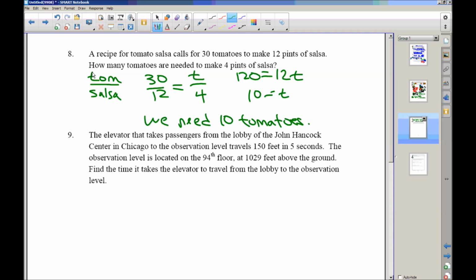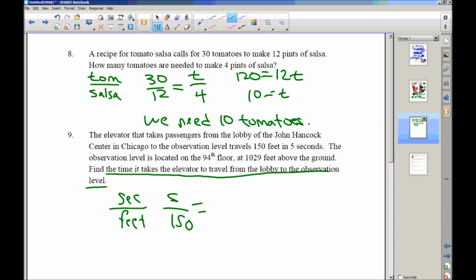So we are comparing the time, which is in seconds, to distance that we are traveling, which is in feet. Okay? It takes 150 feet to travel 5 seconds. And we need to go 1,029 feet.